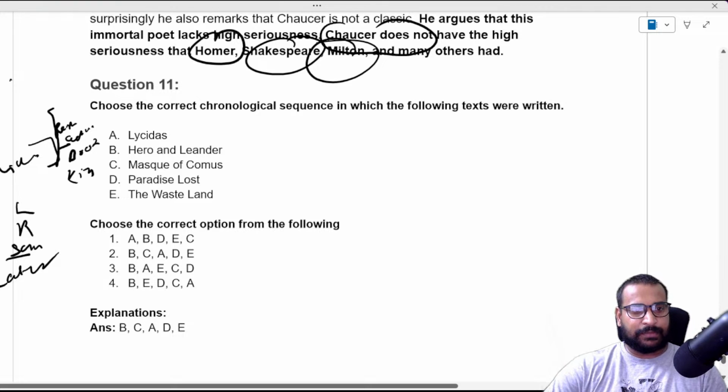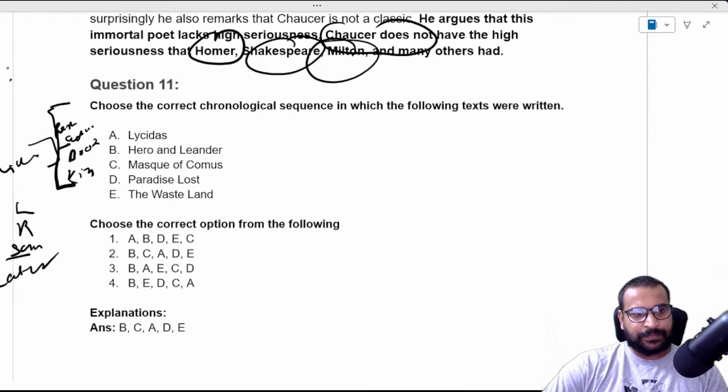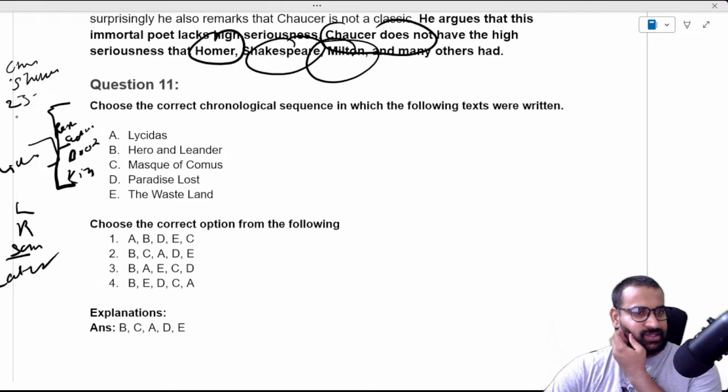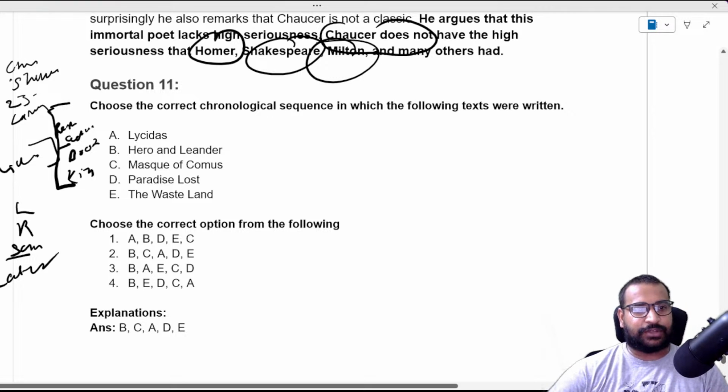So all these four major tracts are in the middle. So easy. Earlier, Christ, Shakespeare, right? Christ, Shakespeare, 22, 23 year. We have about the castle, all these things. So through that you can answer.